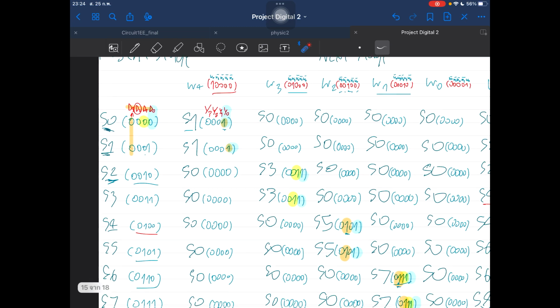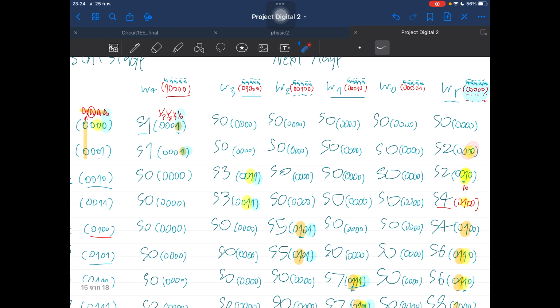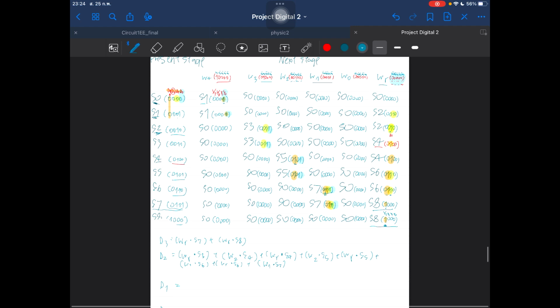Then continue, go to state 1. D1 0 here, 0, 0, 0, 0, and 1 here. 1 here first. Write the name of input. Name of input is WR, and state name is state 1. And finish. Go to state 2.